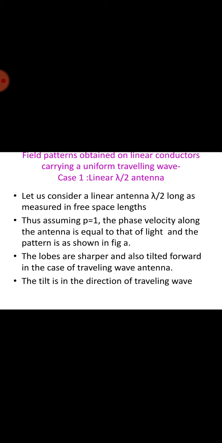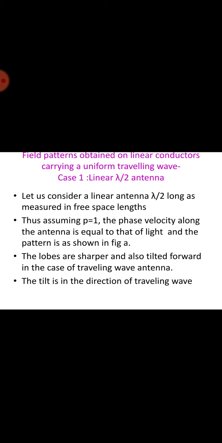Since the current is entirely in the z direction, the magnetic field has but one component, H phi. The direction is normal to the page at P, and it is positive since it is outward from the page. The magnetic field H phi can be obtained from the Hertz vector.